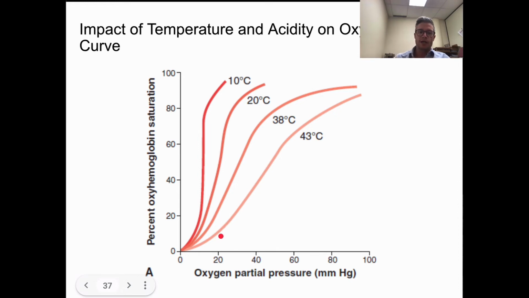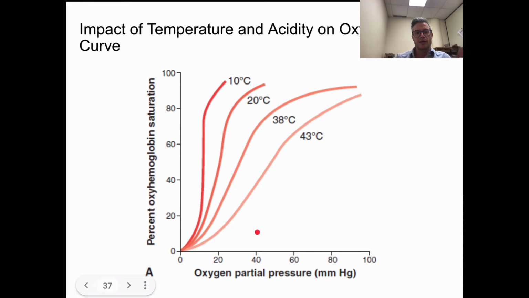And then again, how do we read this? We're going to have to go way back. I'll just look at the 20%, not the 10. But if it's really cold out, our core temperatures are dropping quite a bit. We go all the way down to a partial pressure of 20 millimeters of mercury. We travel up, and we see that we have a higher affinity of oxygen to hemoglobin.